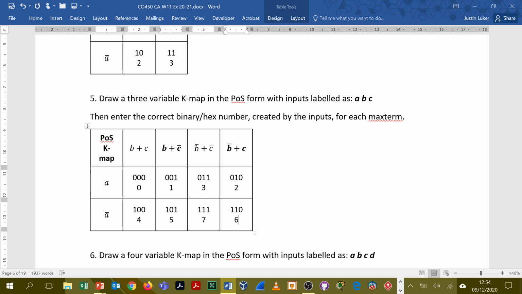So you see the numbers don't change for the maxterm. The way the cells are numbered remains the same in product of sums as it does in sum of products, if you get the layout of the inputs correctly and you're just doing right left as you're changing them, from starting in the top left corner at 0.